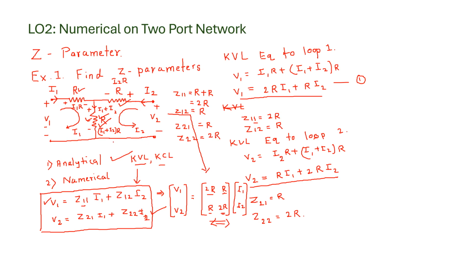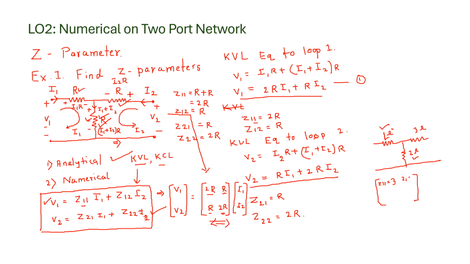So what is the point here? If your network is of this type, suppose I give you one circuit like this, suppose this is 1 ohm, this is 2 ohm and this is 3 ohm. Then what will be the value of Z11? Z11 will be equal to this 1 plus 2, it is 3 ohm.